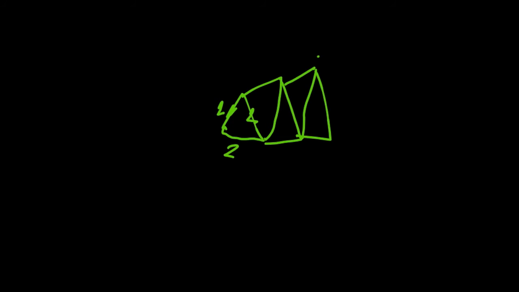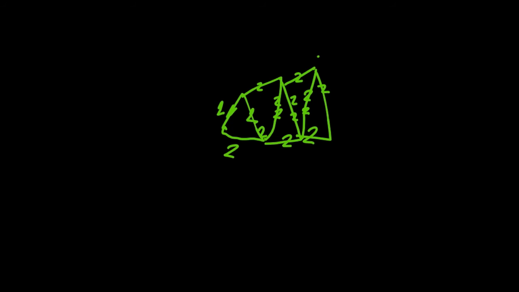Sorry if they're really hard to see. So there's 2 right here, 2, and then 2 up here, and then 2, 2, and then 2, and for our final one, 2, 2, 2.